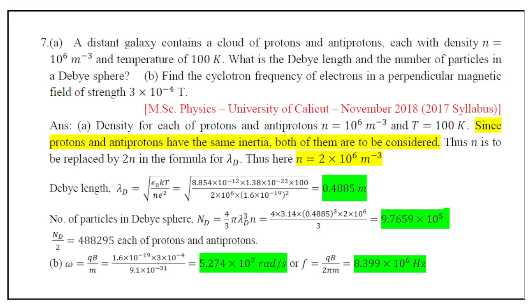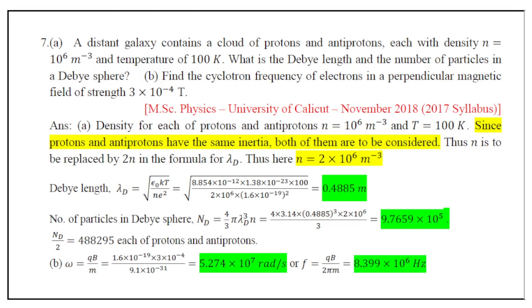So this gives the total number of protons and antiprotons per Debye sphere. So half of them will be protons and half of them will be antiprotons. So there will be ND by 2 number of protons and antiprotons. Each of the proton has this number and antiproton has this number.